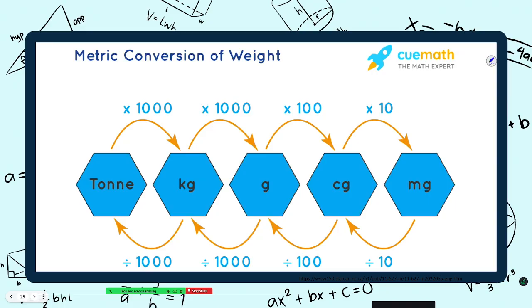So when you are going from large to small, you're going to multiply. And when you go from small to large, you divide. And based on the prefix, remember kilo is 1,000, hecto is 100, deci is 10. We can follow the steps, if you will.